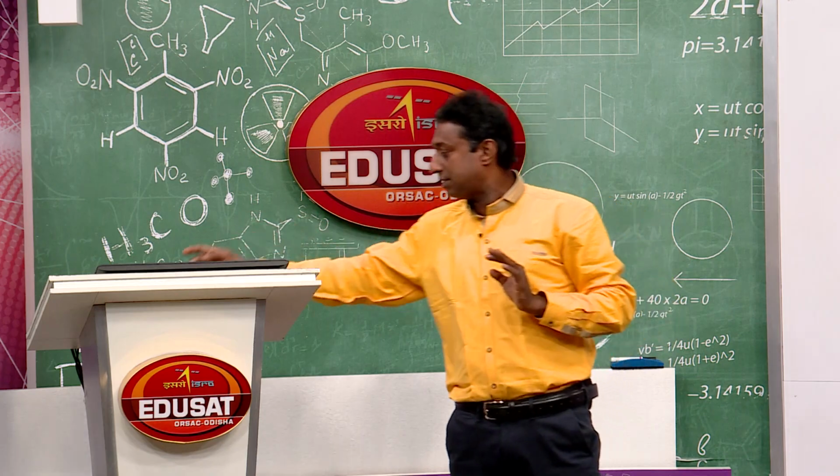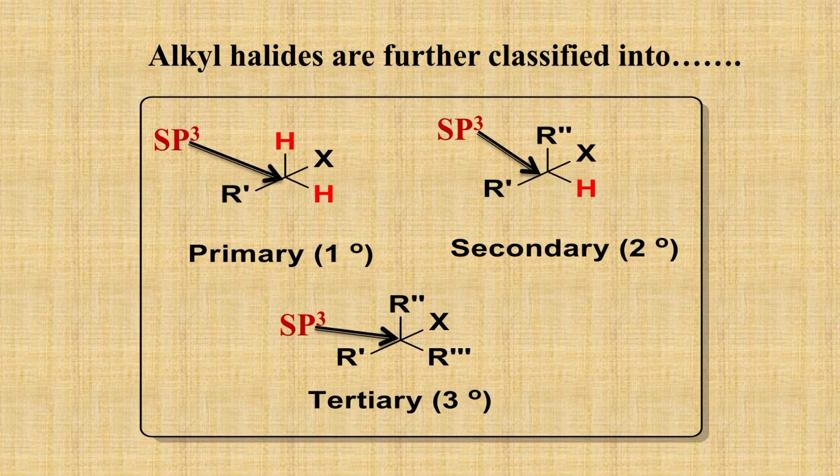For example, next slide you see it. Alkyl halides we can further classify as primary, secondary or tertiary. Primary means if the halogen is attached to an sp3 hybridized carbon and to that carbon there is only one more carbon, then the compound is called a primary alkyl halide.